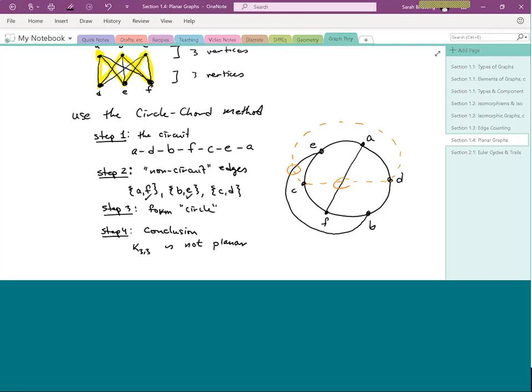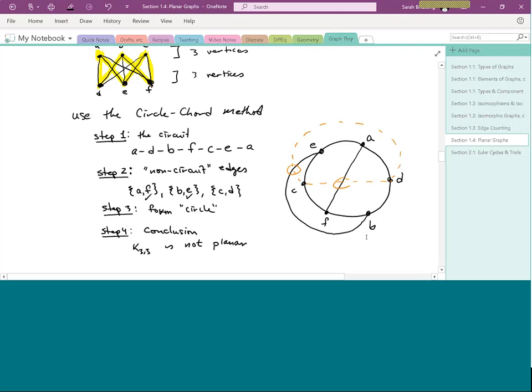It turns out if you have a graph that is a copy or a subgraph of K33, right here, a smaller non-planar graph, is itself also going to be non-planar. It's one of the reasons we look at these smallest non-planar graphs, because if we can find a copy of K33 in a larger graph, what that tells you is you're always going to get one of these situations where the edges start crossing.